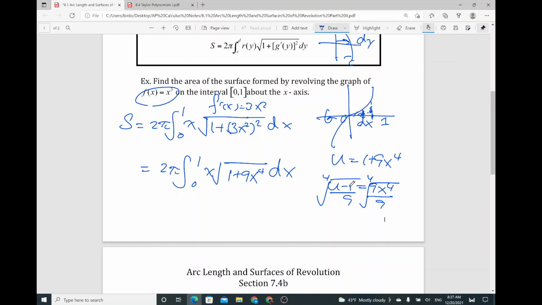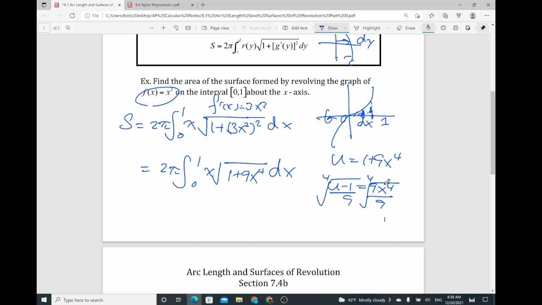If you try to do it this way, it's going to be more complicated, so u substitution won't work. Maybe we can use integration by parts, but that's also going to make it more complicated.